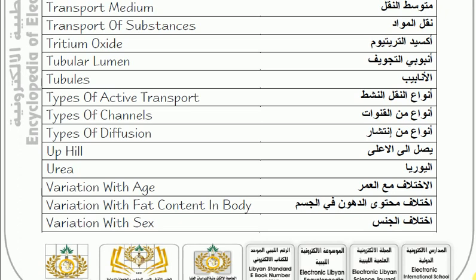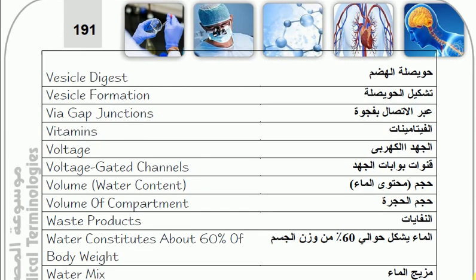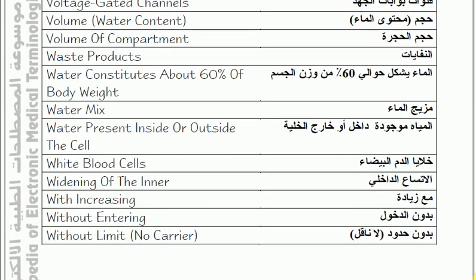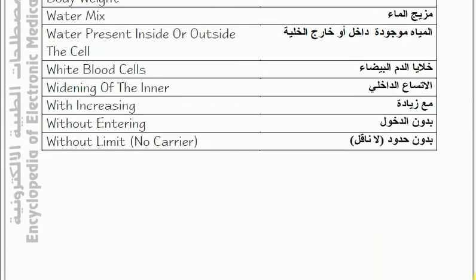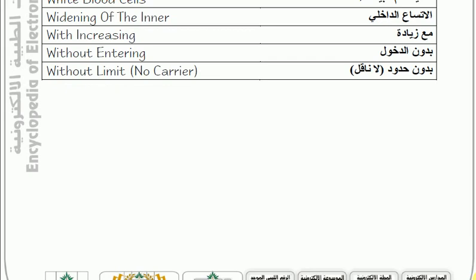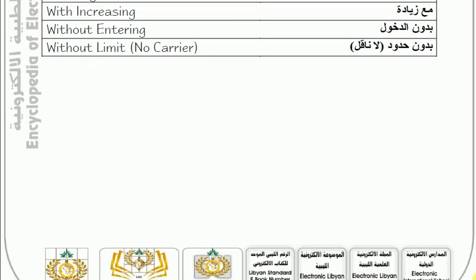Variation with sex. Vitamins. Voltage-gated channels. Water constitutes about 60% of body weight. Water present inside or outside the cell. White blood cells. Without limit, no carrier.